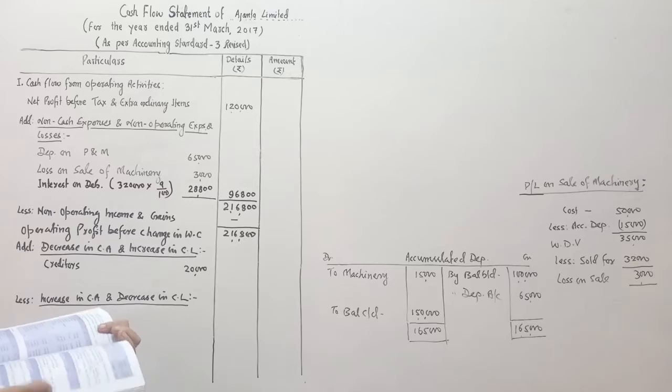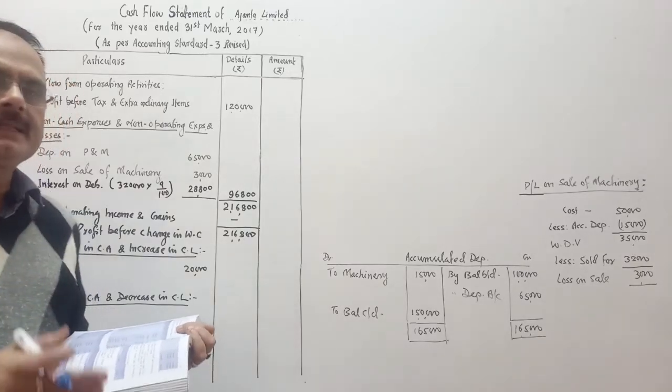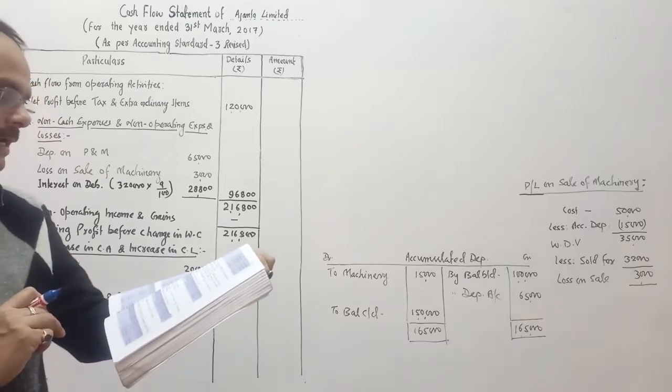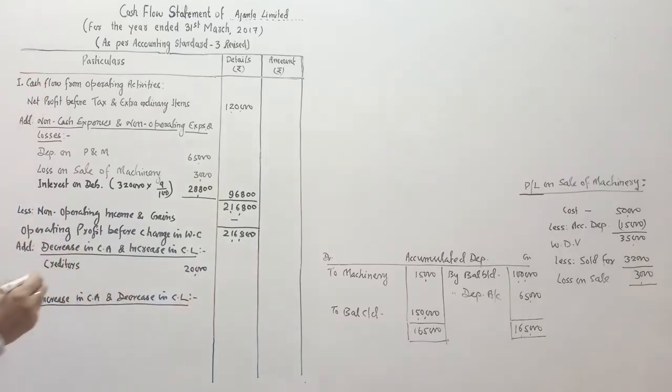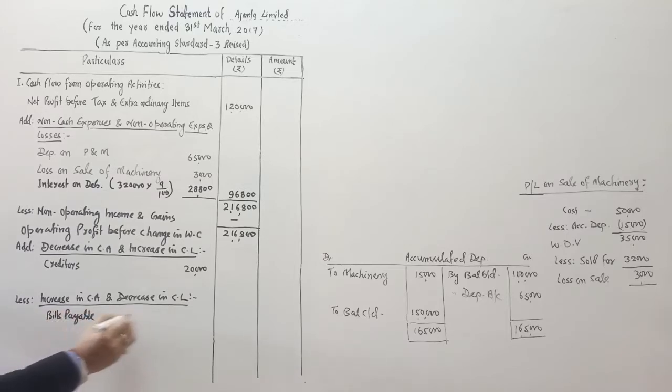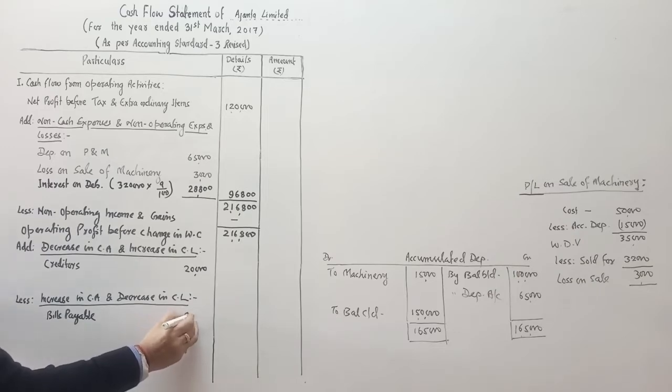Last year bills payable was 1,20,000, and this year it is 40,000. It means bills payable is reduced by 80,000. Since it is reduced, it will be deducted.